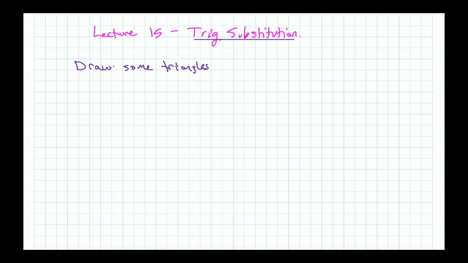So we're going to be doing substitutions like this. Imagine I just gave you a relationship between a couple of variables. I say imagine x is, let's say, 3 sine theta.